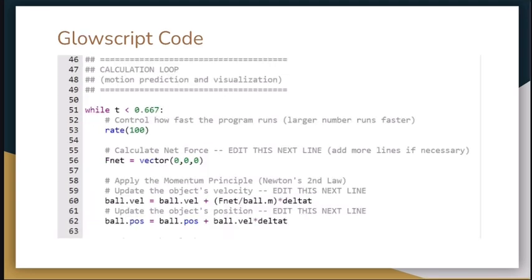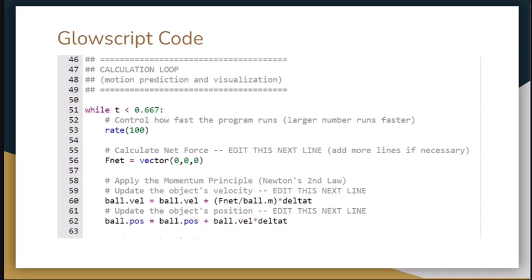In our second part of the GlowScript code, we have our loop which iterates through Newton's second law. We have that our F net is equal to 0 as there is constant velocity. Down here, we also have the ball's final velocity is equal to the ball's initial velocity plus F net over m, the ball's mass, times the change in time.